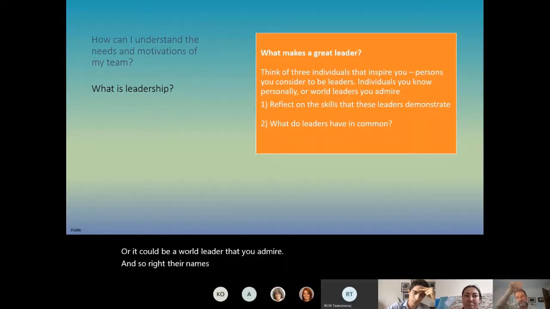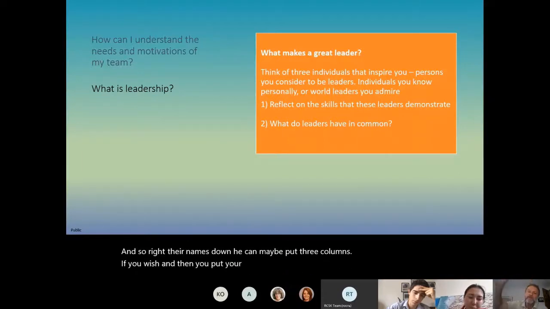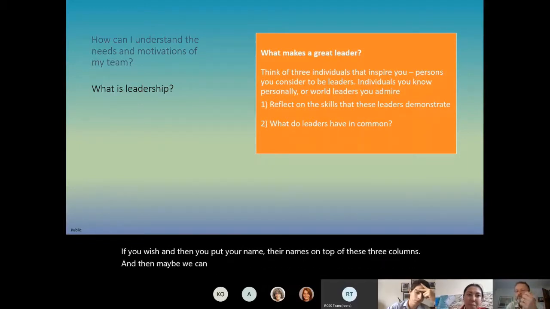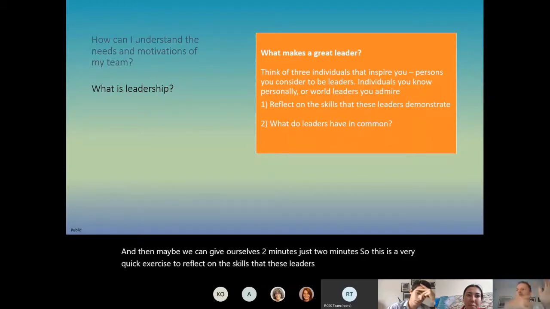You can maybe put 3 columns, if you wish, and then you put their names on top of these 3 columns, and then maybe we can give ourselves 2 minutes, just 2 minutes. This is a very quick exercise to reflect on the skills that these leaders demonstrate. So in other words, why do you think these people are leaders?